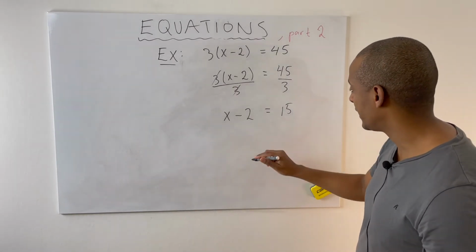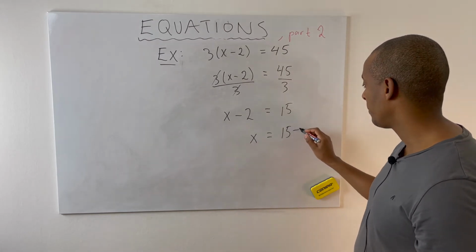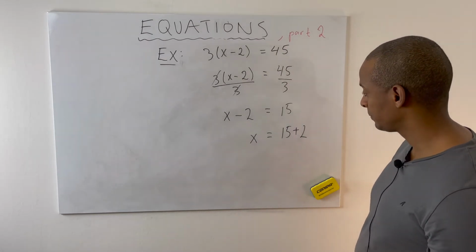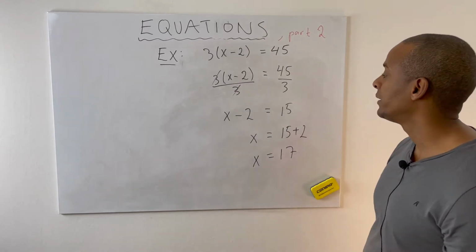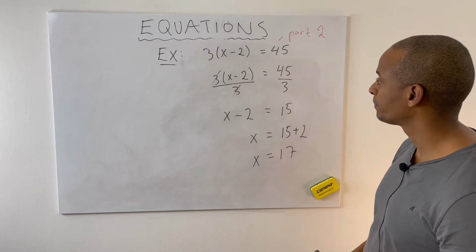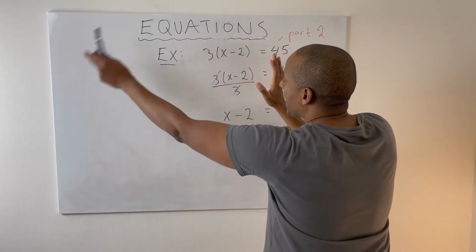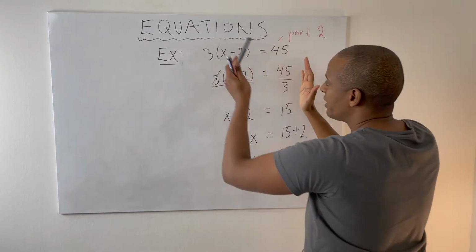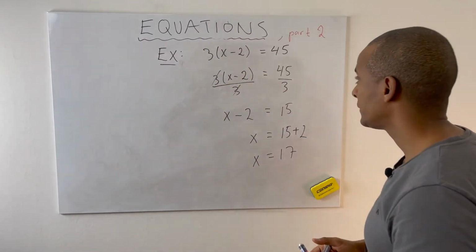And we have that x is equal to 15 plus 2, right? And we have that x is equal to 17. That's the solution. So here, the trick is to deal with what's on the outside first, and then we move in because of this bracket. Okay? That was the lesson here.